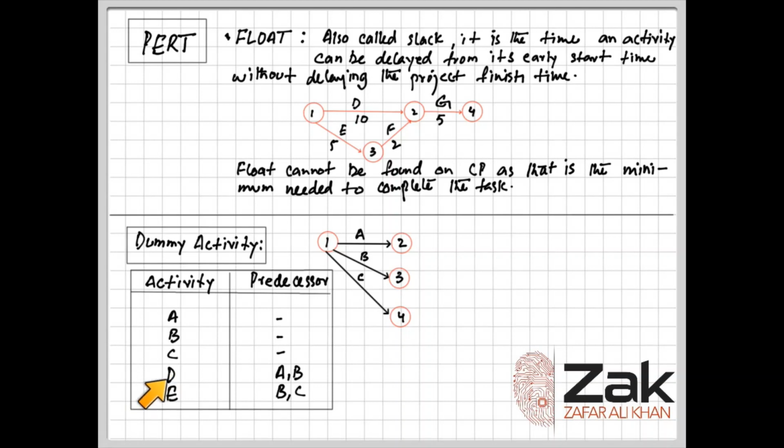Then we have got D. Over here we can see that D is having predecessors, which are A and B. So once A and B are finished, then D can start. Over here you can see that A and B are both finished, but they are apart from each other. So if I want to start D, I can start from node 2, but the thing is that B is not yet connected.